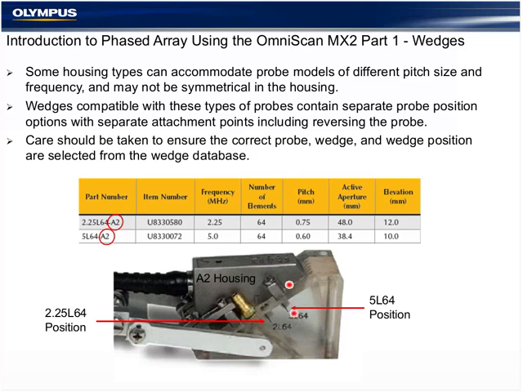Different models of housings have positions on different wedges, and it's very important that the calculator know exactly the orientation and size and parameters of the wedge. And in this case, an A2 family can go on a compatible wedge with slots for either position.